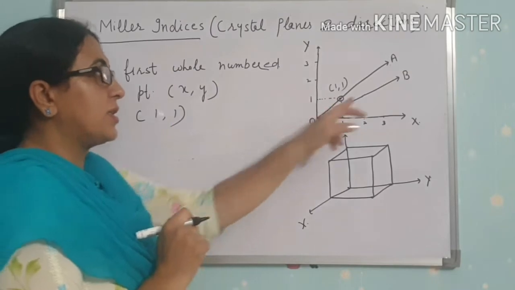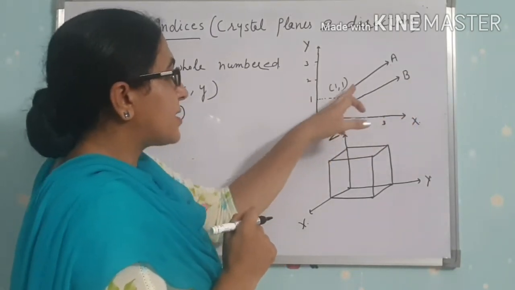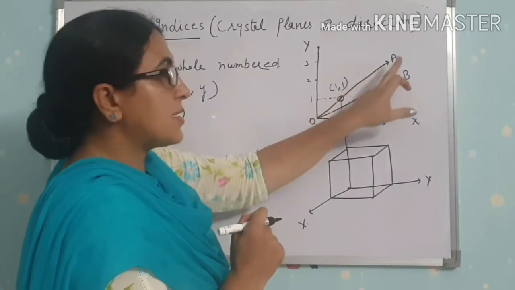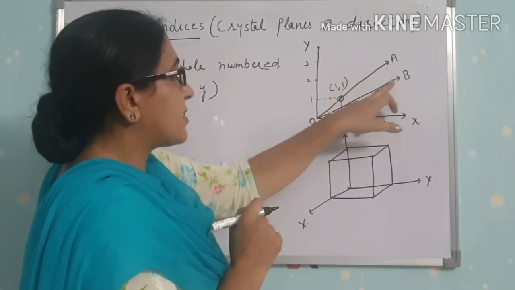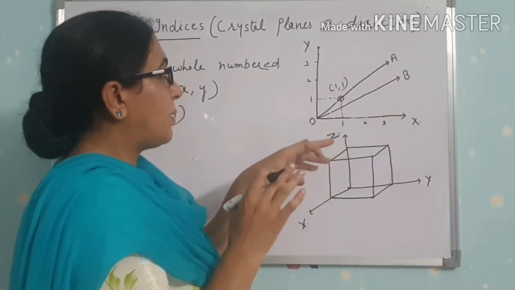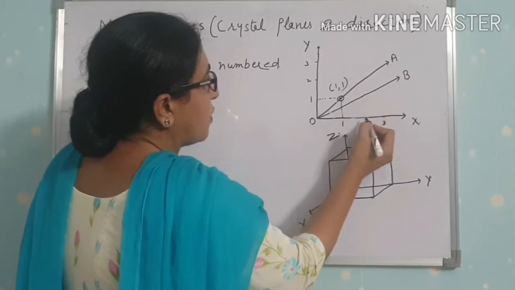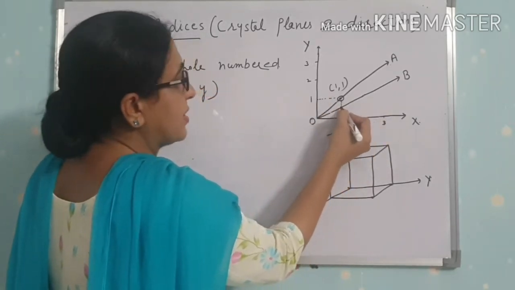Similarly, the second direction, that is this direction. In this direction, the first point which it passes through must be a whole number point. Suppose 1, this is not a whole number point.